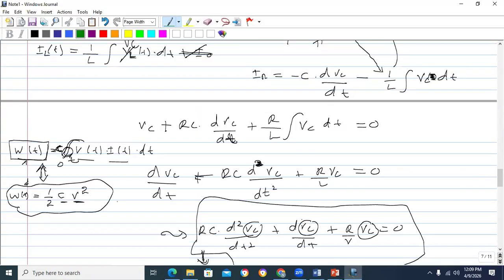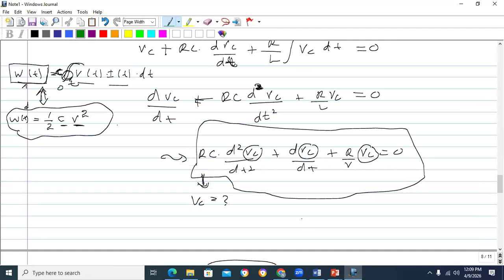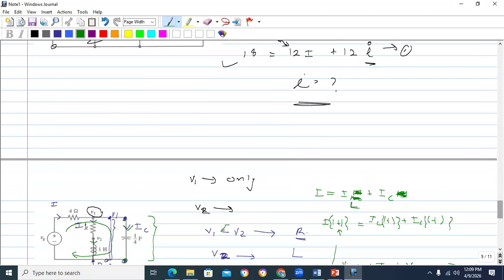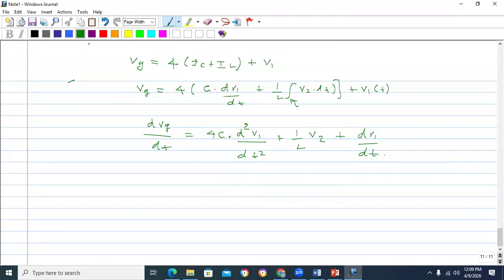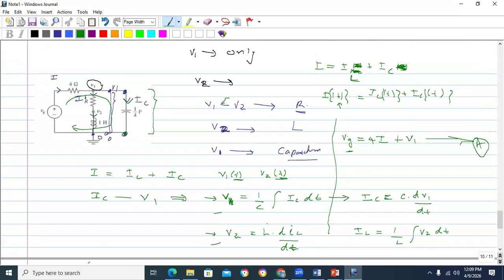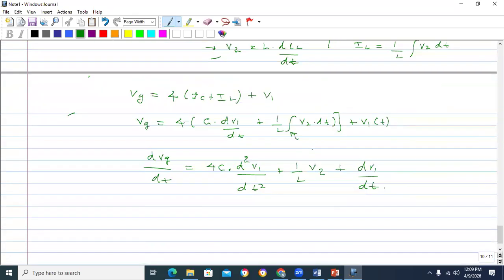Okay. Now, if I go to this one, you need to get rid of this V2 also. Remove this V2. One V2 is there, no? So how to remove the V2? You can write another equation.